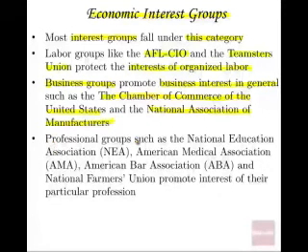And again, you have professional groups such as the National Education Association, the NEA, the American Medical Association, the AMA, the American Bar Association, the ABA, and the National Farmers Union, which are going to promote interests of their particular profession. So a lot of these individuals are going to congregate towards trying to serve their own economic interests.